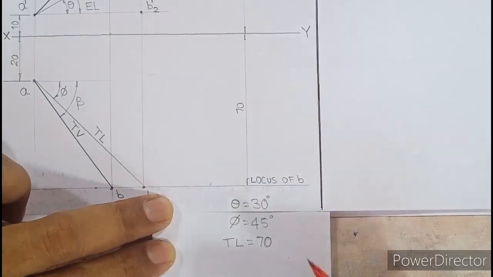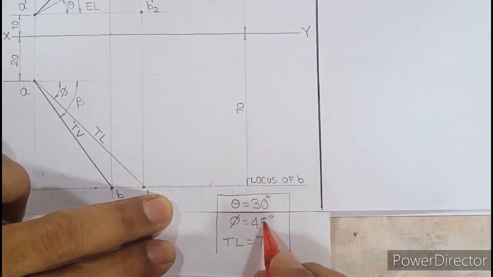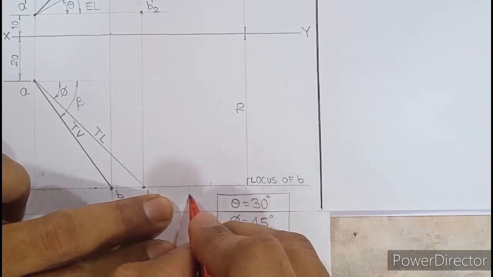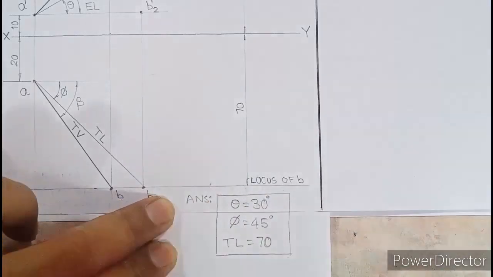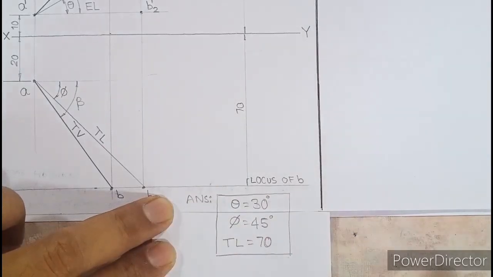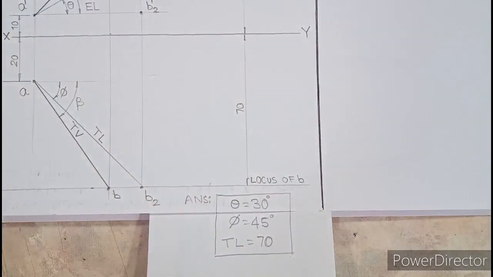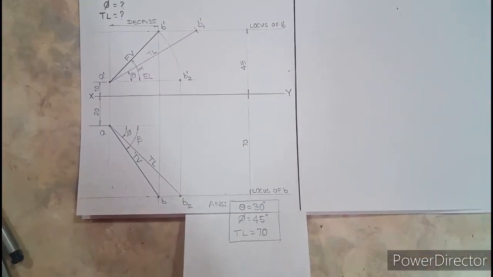Next, this you need to enclose neatly in a box by pencil only, and you should write here ANS, answer. So compulsory for all the numericals below locus of B, you have to present the answer like this: theta, phi and true length. Clear? So that is how the entire answer needs to be presented.